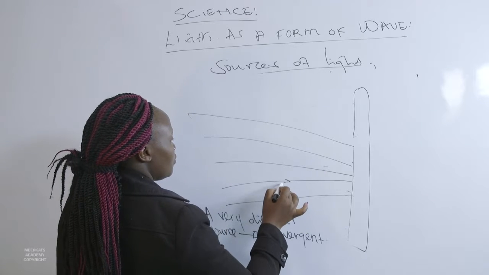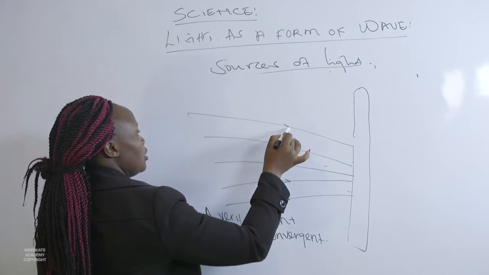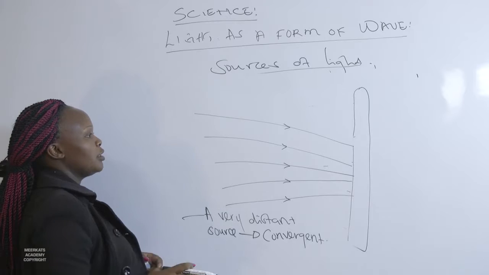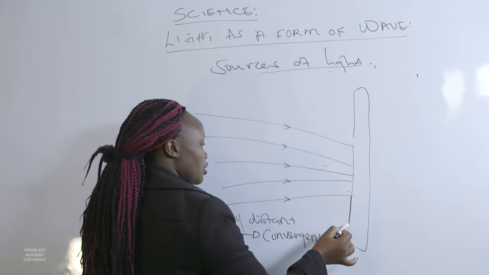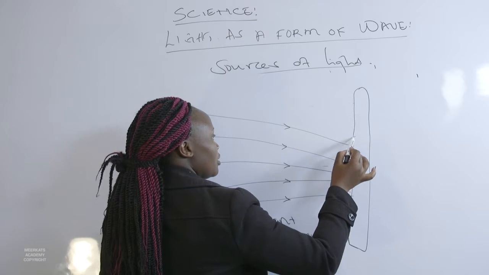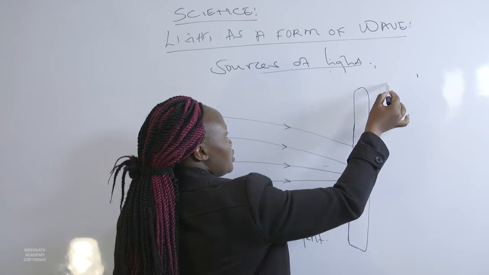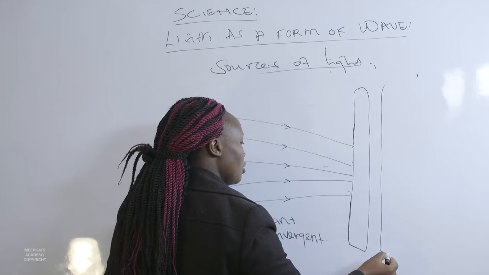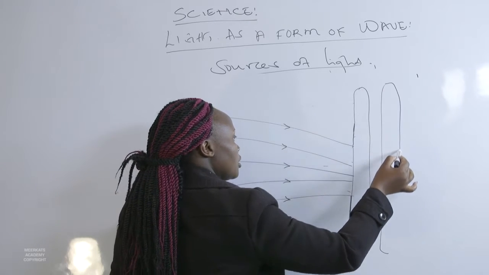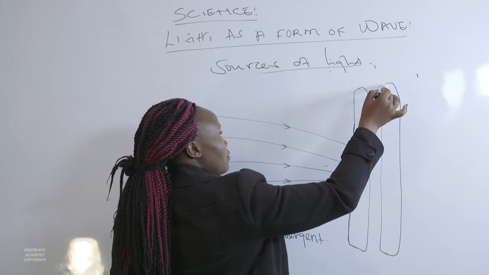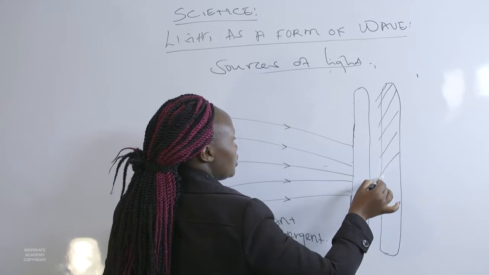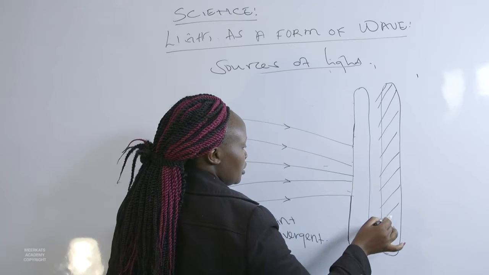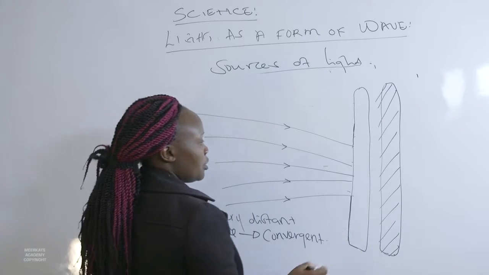Now, all of them are going to be obscured, and therefore, whatever you are going to form will be an umbra, because all of it is going to be obscured. So behind here, you form a very dark shadow.